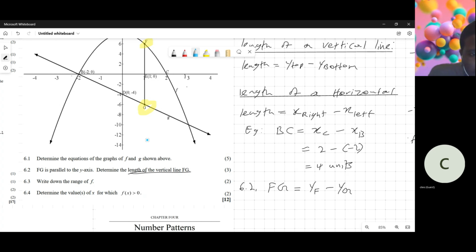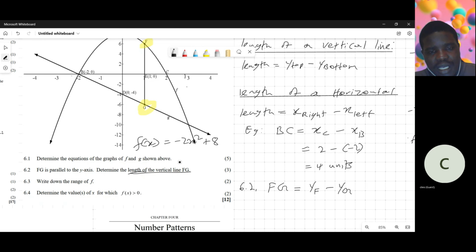Remember, we said the equation of f of x is equal to what? Negative 2x squared plus 8. This is the equation of f of x.